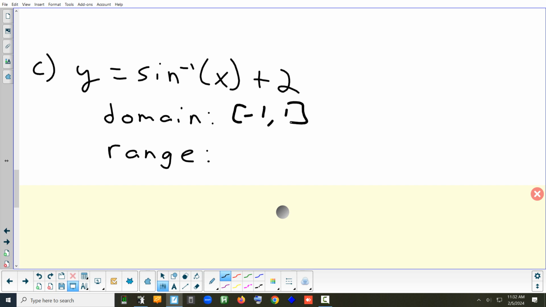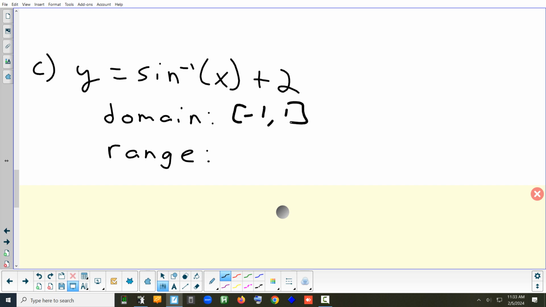Okay. Now, what was my original range for inverse sine? The original range is -π/2 to π/2, and we're shifting that up 2.